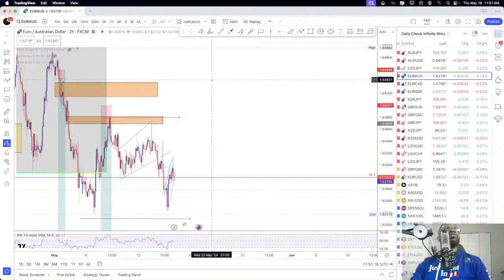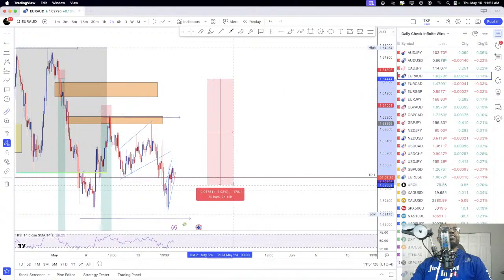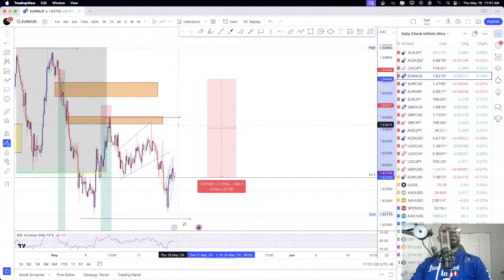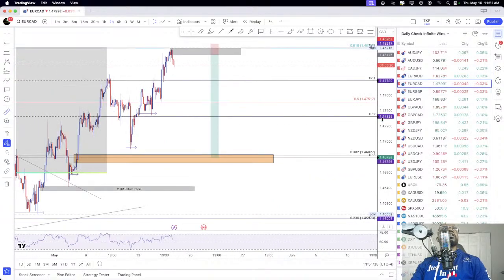We got 2 entries on this little baby. Why do I keep calling trades little babies? Because they are my little babies. Okay, 165 pips right here. 90 pips right here on that entry.